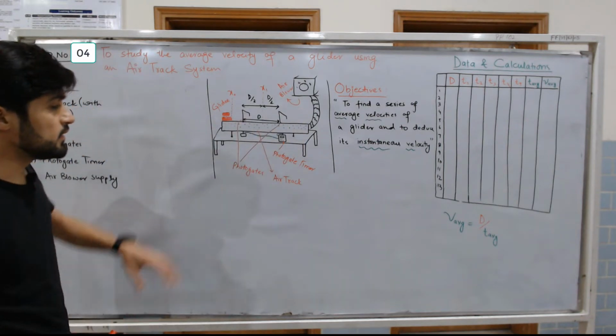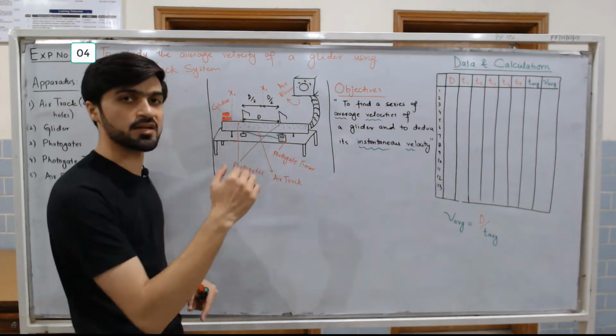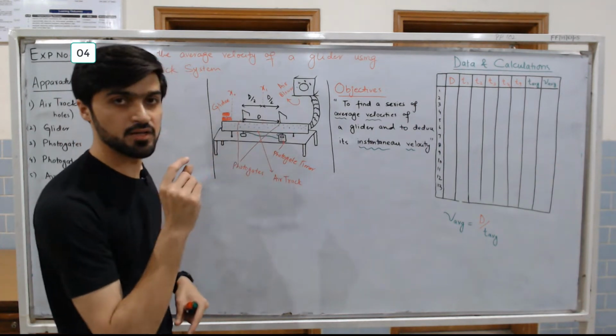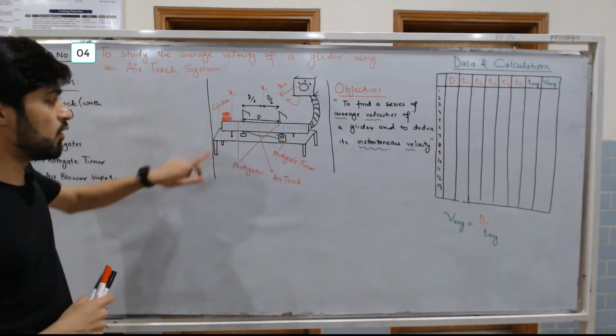Now this air track is inclined 1 or 2 centimeter higher on this side as compared to the other side.